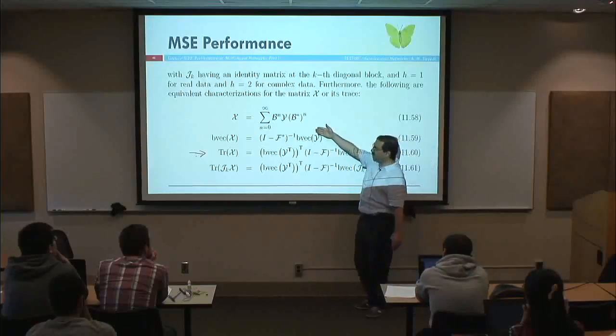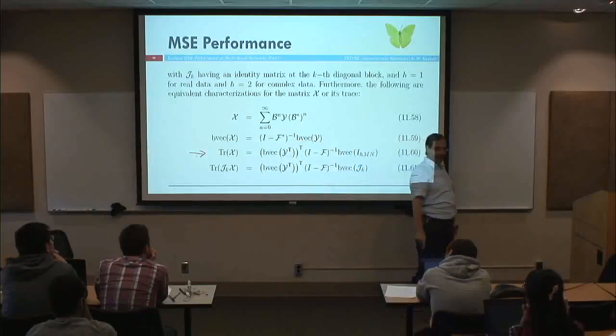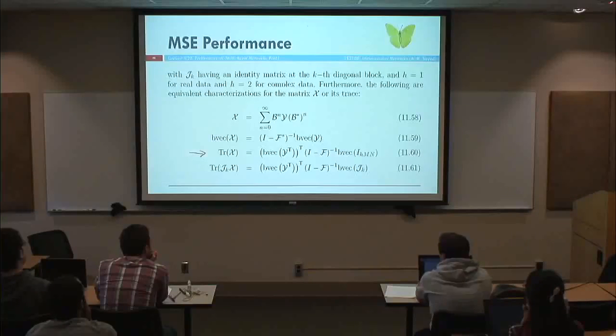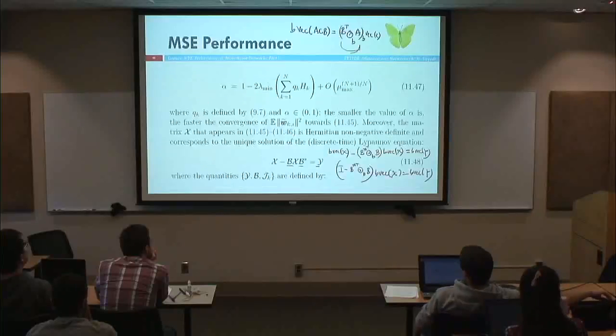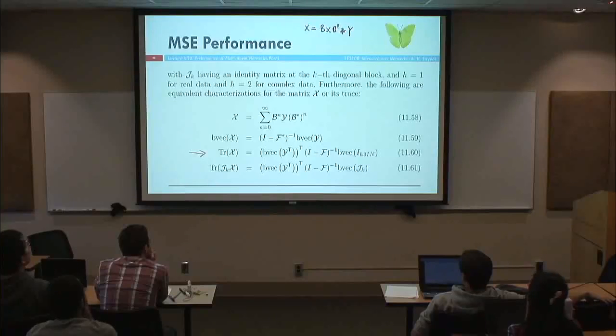There is another way to find X, which is using a series representation. You know why? Because remember, let's do it. X minus B X B star equals Y, correct?